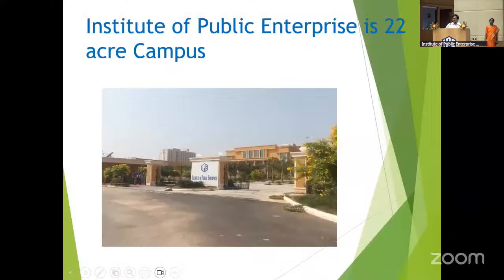Now about hostels, most of the things are briefed by Dr. Deepthi Chandra. There are always some complaints about services. Complaints are natural.